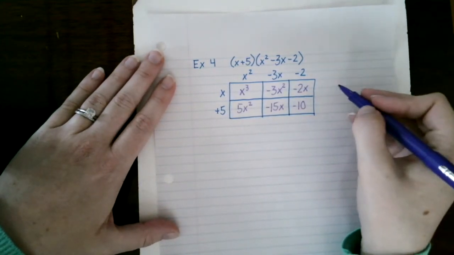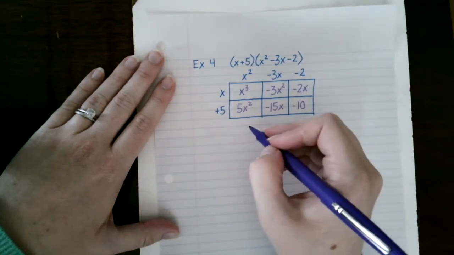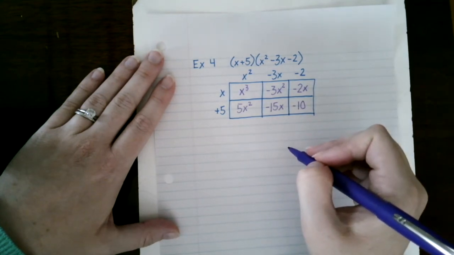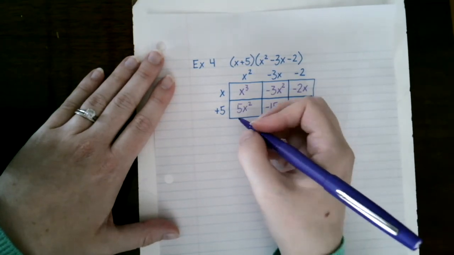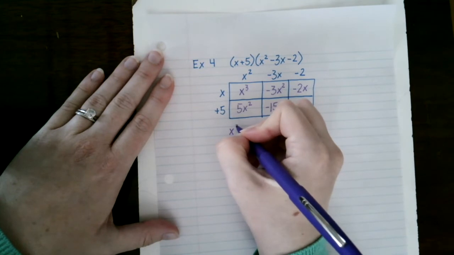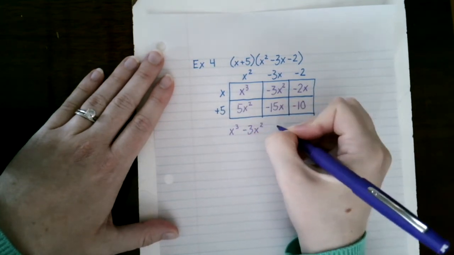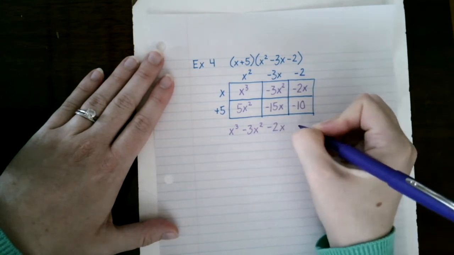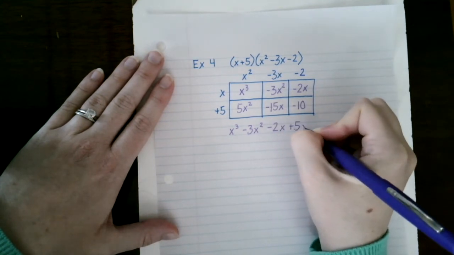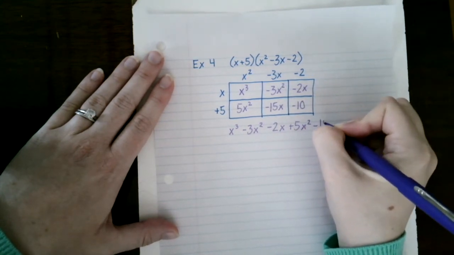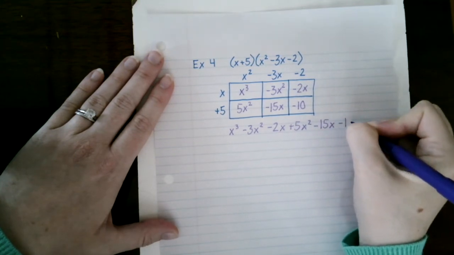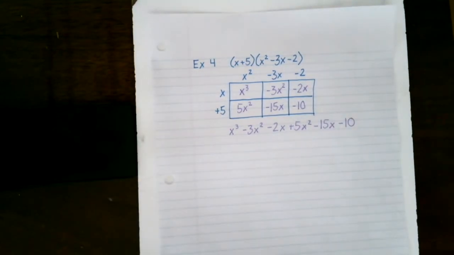Since I'm running low on space over here, I'm going to continue down below, writing out all the pieces from what I just multiplied. Minus 10.